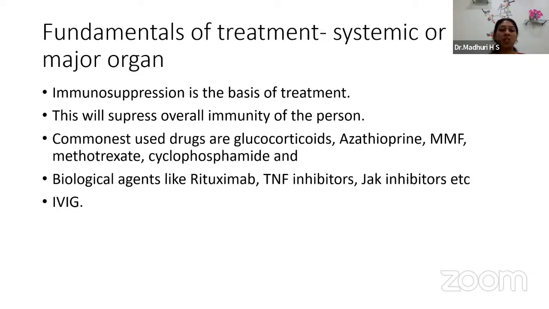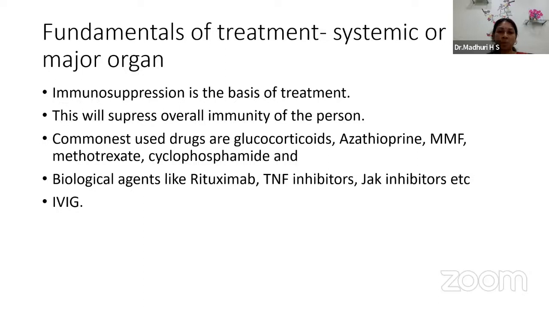So the commonest used immunosuppressants are, you need not memorize all these names. Let it be like, I have heard of this name, that kind of memory is enough. Glucocorticoids, azathioprine, MMF, methotrexate, cyclophosphamide, cyclosporin. These are all the commonly used immunosuppressant drugs, and they are quite old also, and a lot of evidence is there in their practice.